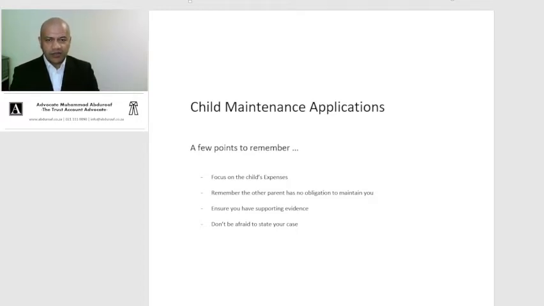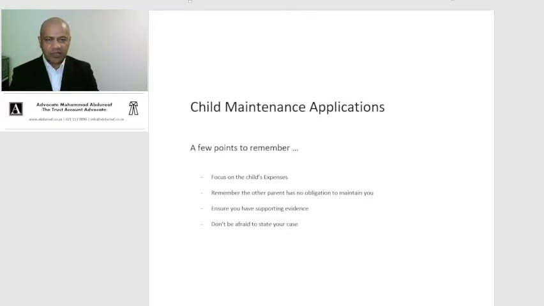However, please note the other party, as you will see from my second point, has no legal obligation to maintain you, and therefore you're not claiming maintenance for yourself. Yes, the amount of maintenance the other party has to pay has an effect on your ability to maintain the minor child to a certain extent, and your specific expenditure.